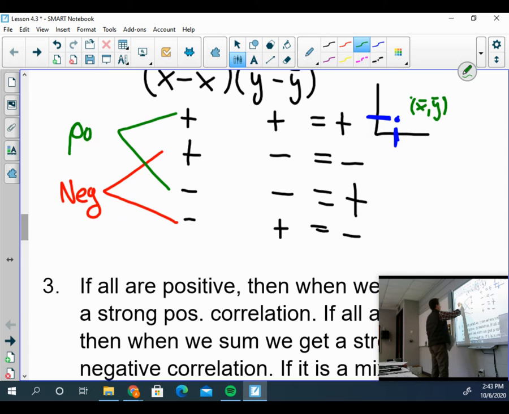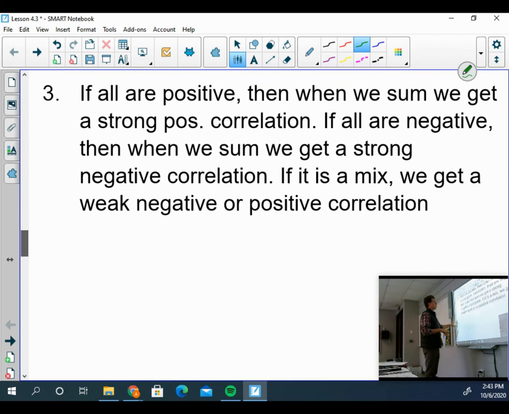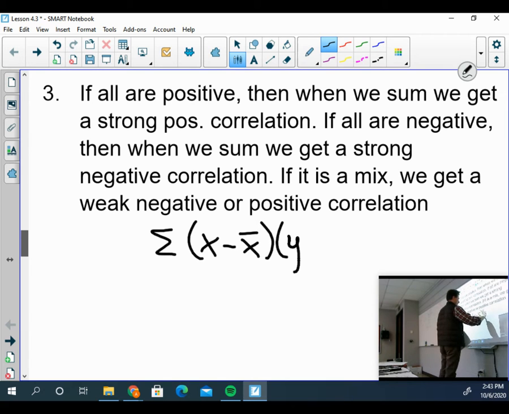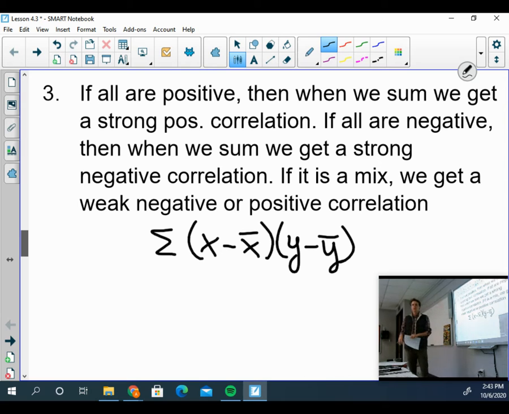will create positive correlations. So what statisticians said is, well, not only do we need to subtract each data value from the mean, we'll then multiply them together. And next, we are going to sum our formula. So I'm going to take all those positive and negative values and add them up.